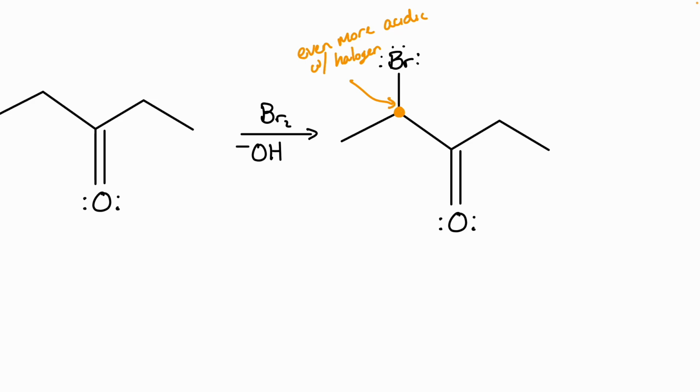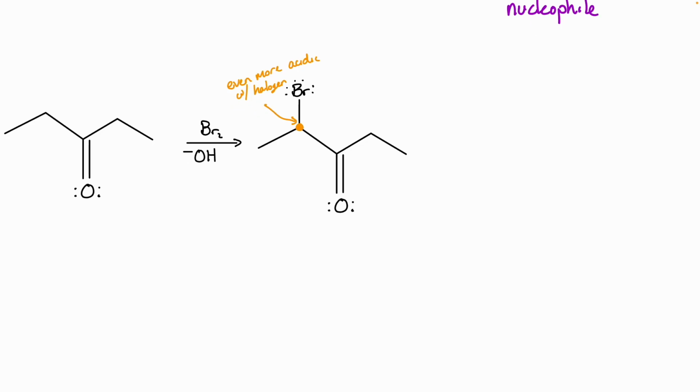So what does that mean about the other hydrogen on there? Is it going to be harder to remove or easier to remove? It's even easier to remove because now that carbon is even more acidic. So what you're going to get is not just one reaction, but it's going to react under basic conditions over and over and over again until you fully halogenate those alpha carbons.